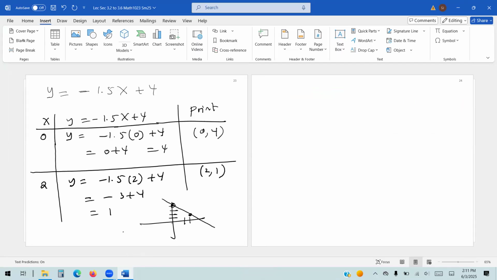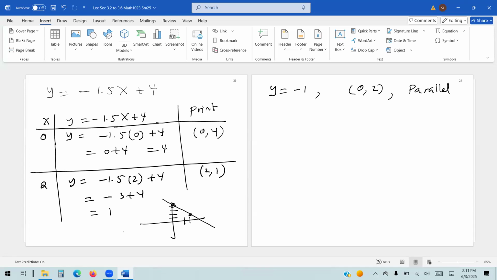Draw a line parallel to the line y equals -1 that intersects the y-axis at (0, 2). So y equals -1, there's no x, right? Only -1. And that intersects with the point (0, 2), and you're drawing parallel lines.